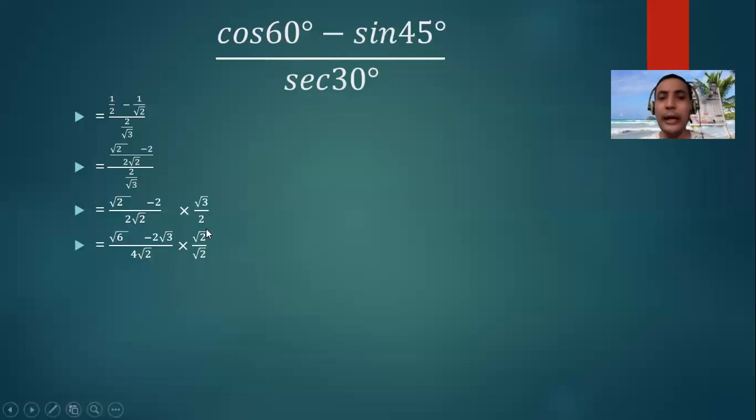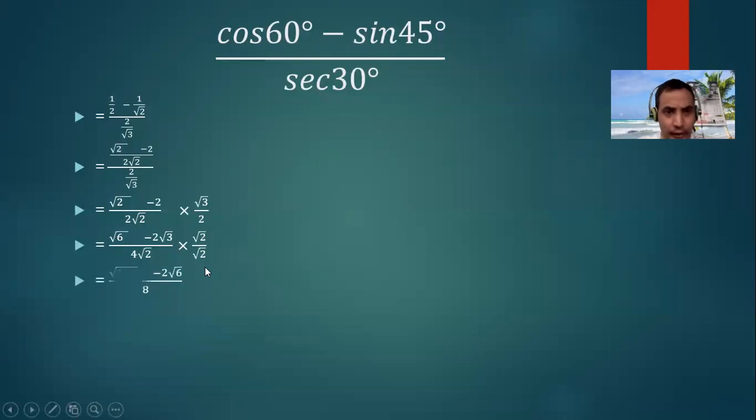Don't multiply by 4 root 2, just by root 2, because our thought is that if the root is removed from here, our answer will be there. If a number without root is there in the denominator, we think that is our answer. So students, to remove these roots from the denominator, we multiply with root 2 in the numerator as well as in the denominator.